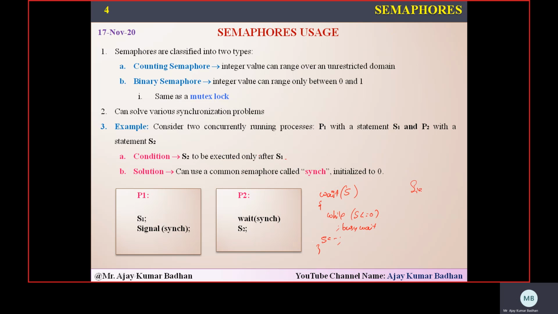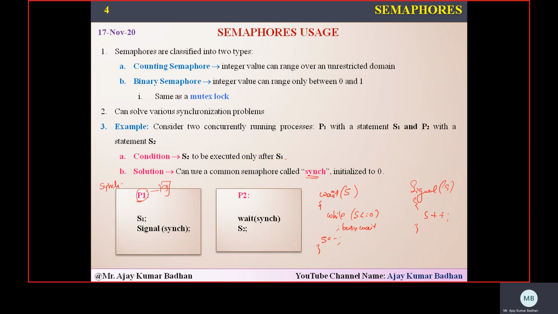And coming to signal(S), simply S plus plus. Now here P1 is assumed to be already allocated the critical section, meaning it has executed wait and been given the critical section. Since we are using a semaphore here, SYNCH, instead of the variable name S, you can use SYNCH or S also, not a problem.